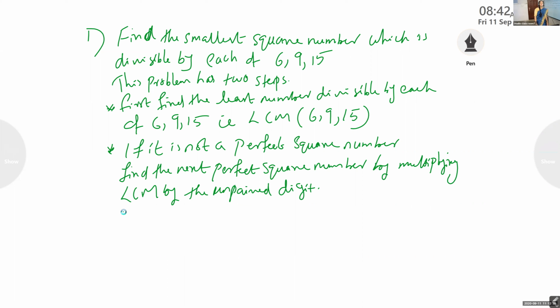First of all, we will find the LCM of the given numbers, and if it is not a perfect square number, we will multiply LCM by the unpaired digit. Okay? So first, all of you find LCM of 6, 9, 15.